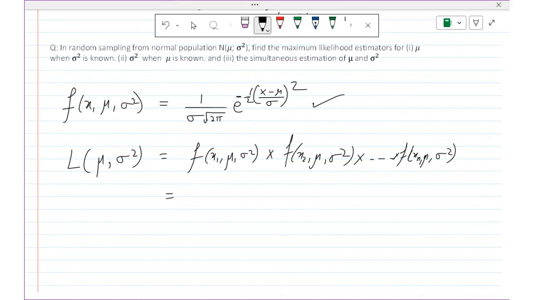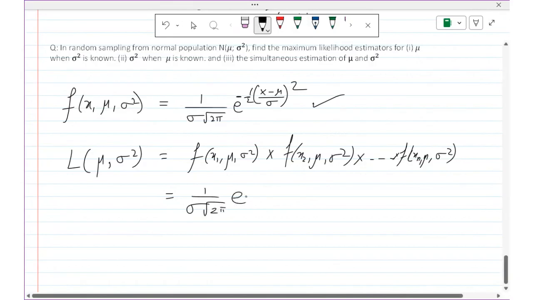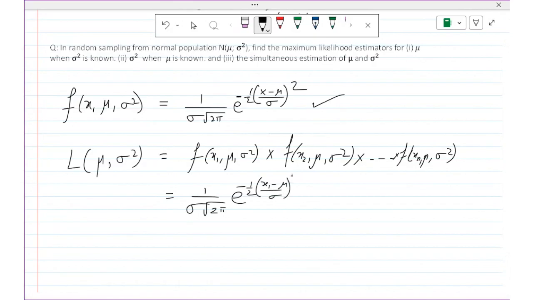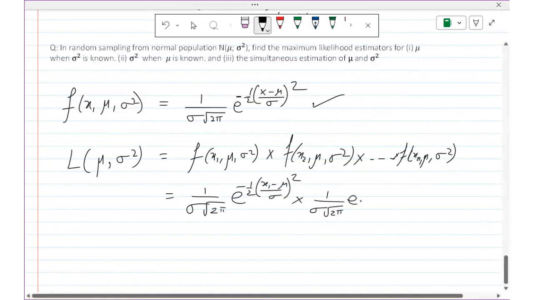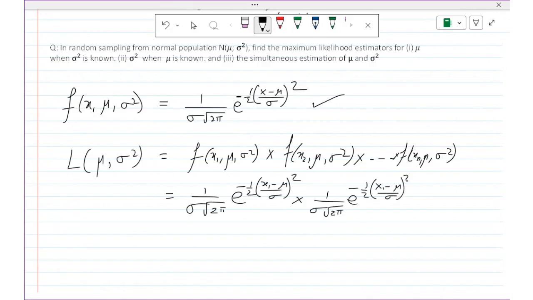So first I will put x1: 1 upon sigma root 2 pi, e power minus half, x1 minus mu upon sigma whole power 2, multiplied with 1 upon sigma root 2 pi, e power minus half, x2 minus mu upon sigma whole power 2, and so on, up to 1 upon sigma root 2 pi, e power minus half, xn minus mu upon sigma whole power 2.